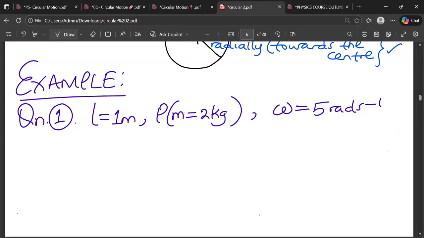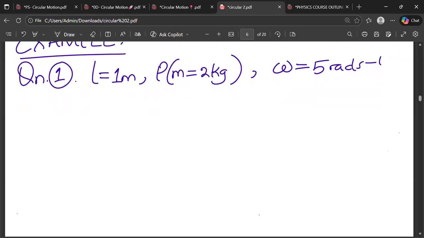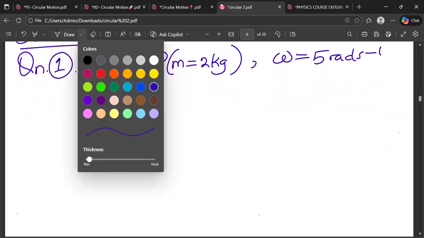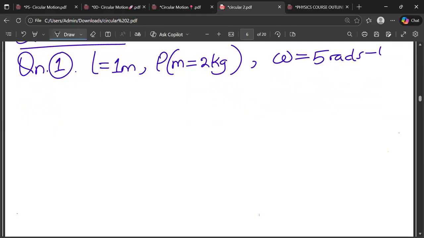Before you even go to other things, let's first sketch. So how do you realize you're dealing with motion in a horizontal circle? Then when they mention smooth horizontal table, you come and draw the smooth horizontal table. You know that.